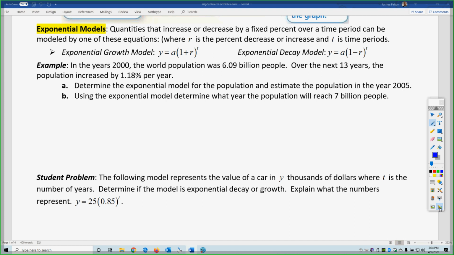In the year 2000, the world population was 6.09 billion. Over the next 13 years, the population increased by 1.18% per year. Determine the exponential model. So if you want to figure out any particular year, and estimate the population in 2005. Okay, so we'll make the model first.